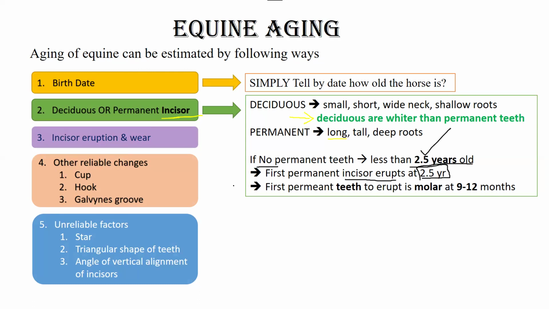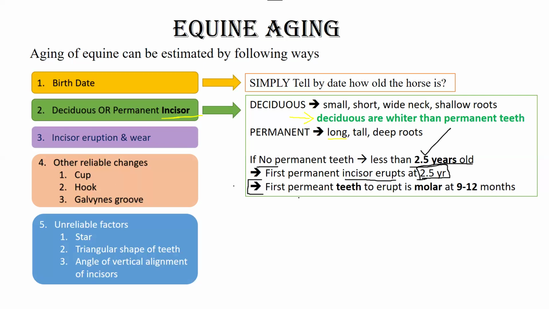This is not necessary here, but I have added it for the sake of information. Normally when students go through equine dentition and remember the dates and years in which incisors erupt, they think that the first permanent tooth to erupt is also this first incisor, at 2.5 years.